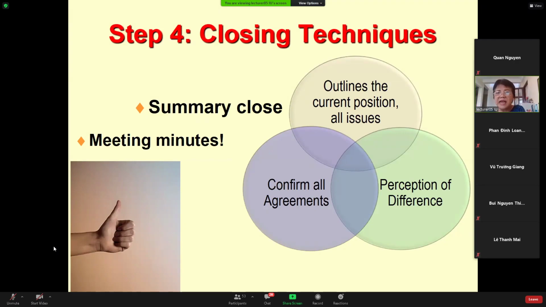Sometimes in some negotiations, it has to go through the second round, third round, final round of negotiation to come to agreement. Some agreements are not easy to get. So that's why at the end of the day, you have to close the meeting with a summary.